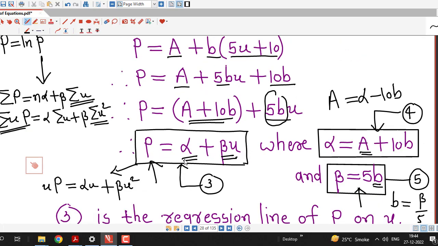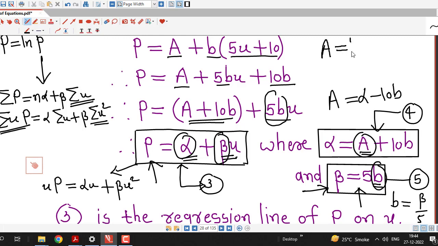So we write normal equations for this equation number 3, and solving normal equations we find out values of alpha and beta, and using these equations we are able to decide values of small b and small a.